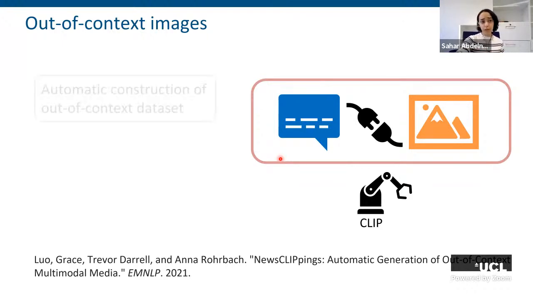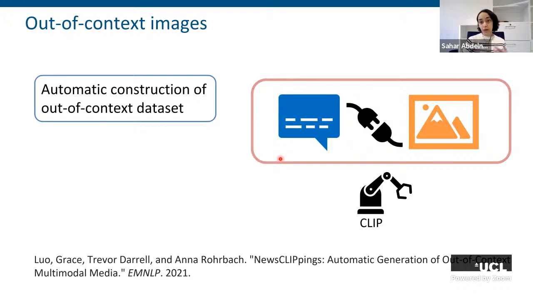This has a good part to it because now, starting from real news images, we can automatically construct and create out-of-context datasets. So in this work, they started from a larger-scale dataset of real news images and real news captions, and they used CLIP and other trained machine learning models in order to, in a careful way, mismatch real news images with real news captions in order to mimic the creation of these out-of-context images.